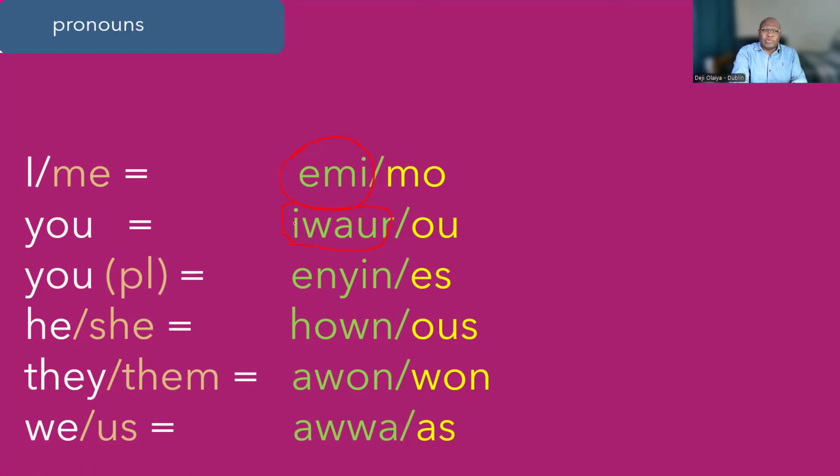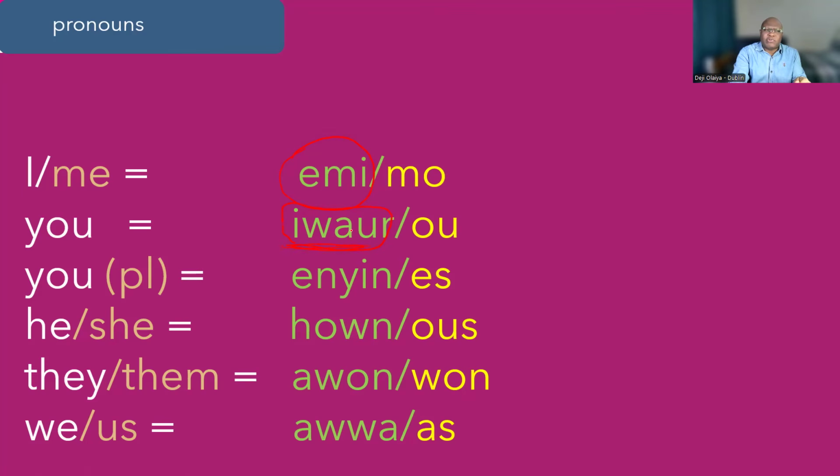So there are two types of you. There's the you that you use for somebody who is your age mate, like your friends, your classmates, or your co-worker in an office. You use ìwọ.